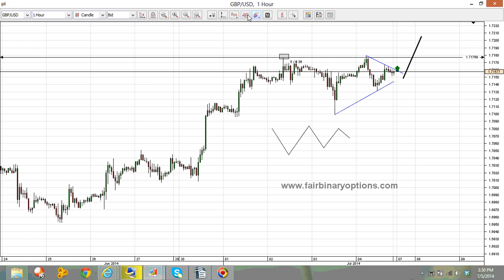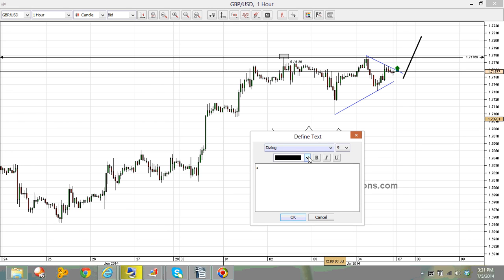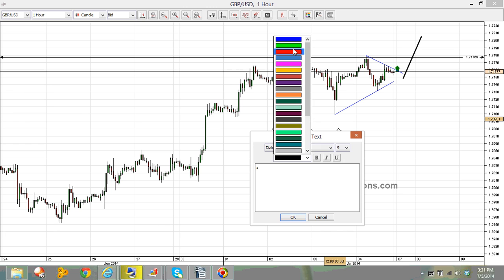Now let's try to label this triangle here, as this would be wave A. Let's make it of a different color.